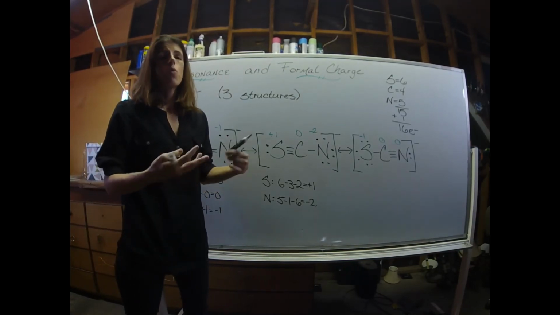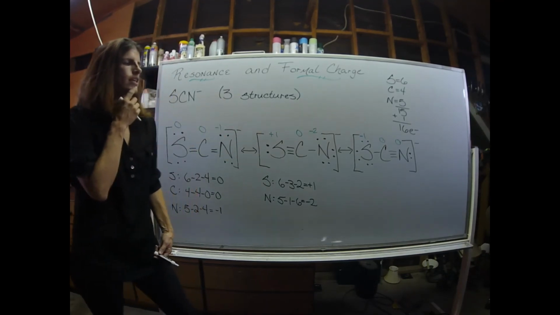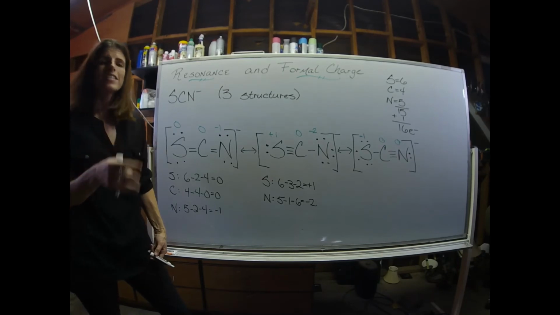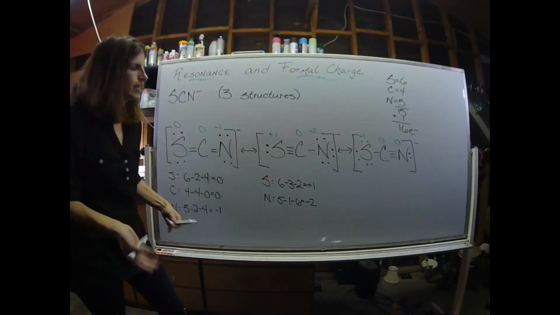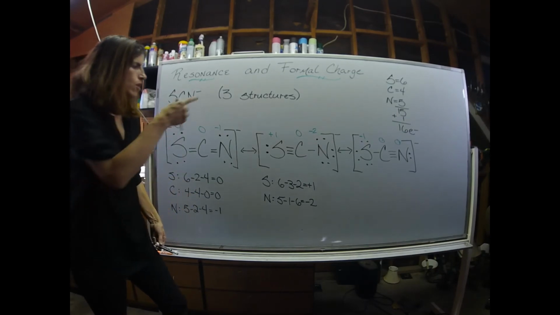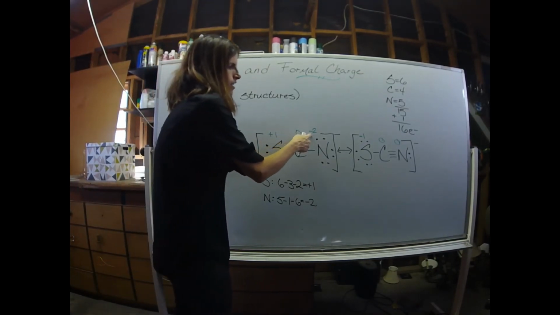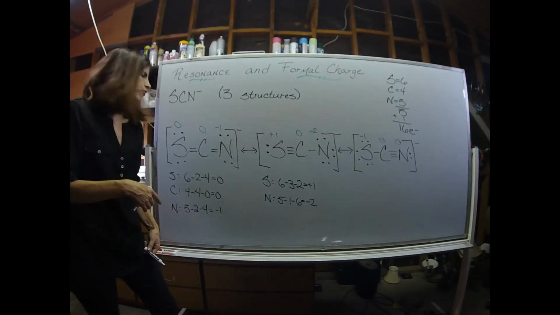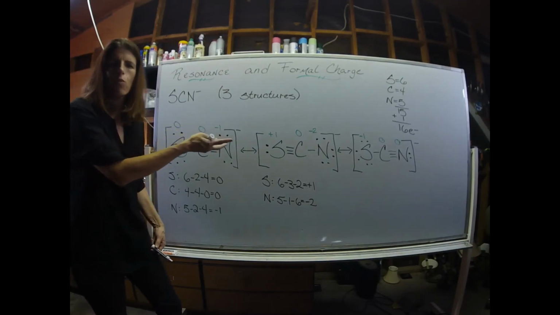But the question we want the answer to is which one of these structures is most likely to occur? And let's take a step back here. Which one of these structures is least likely to occur? So that one kind of pops out at me. This is a +1 and a -2. That is not a good minimization of formal charge. These guys on the ends do much better, 0, 0, -1.